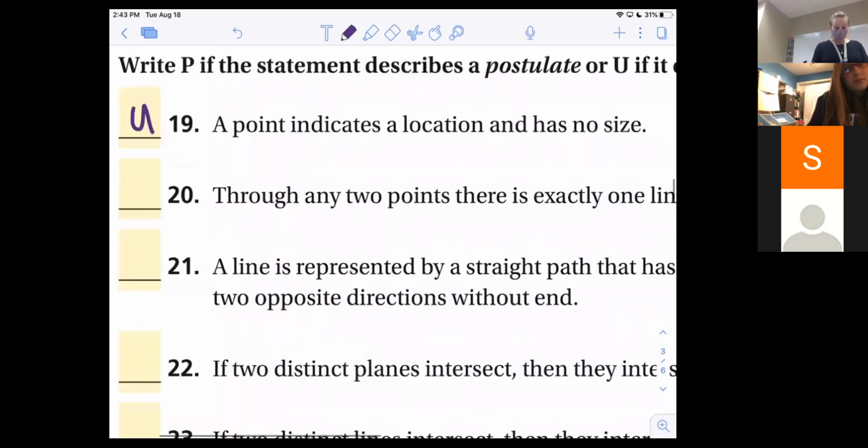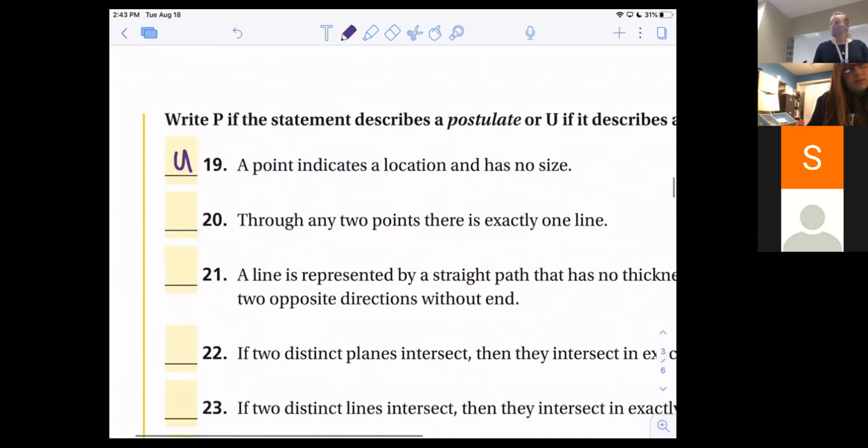Number two, or number 20, I guess. Through any 2 points, there's exactly one line. Who votes postulate? Who votes undefined? Who's not voting? Michael? Postulate or undefined? Number 20. Oh, you gotta know.